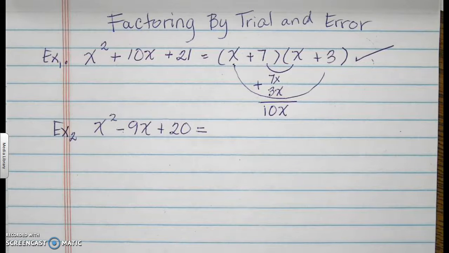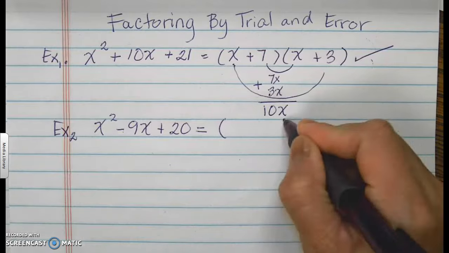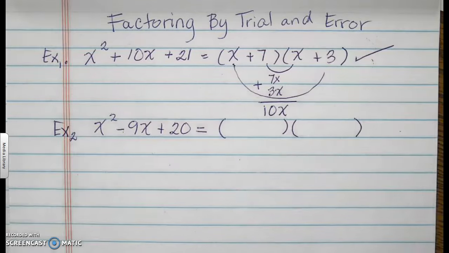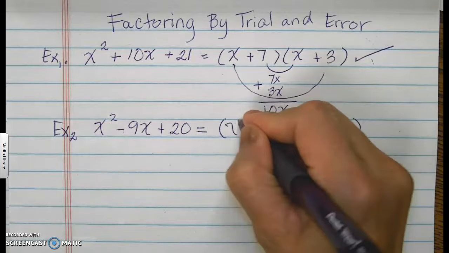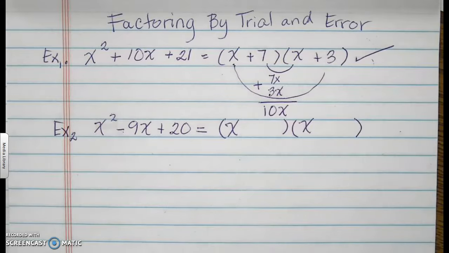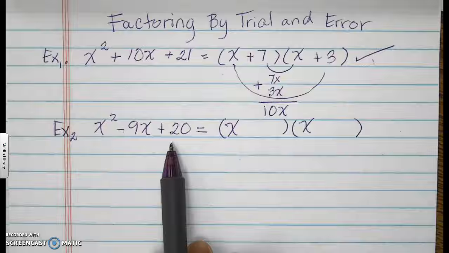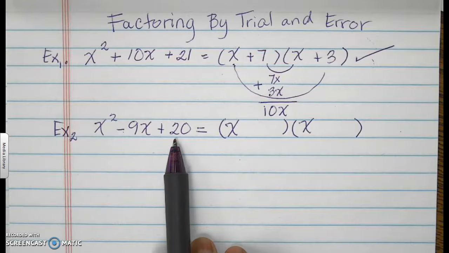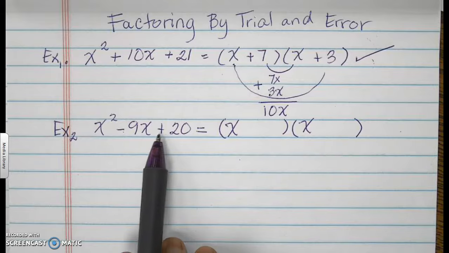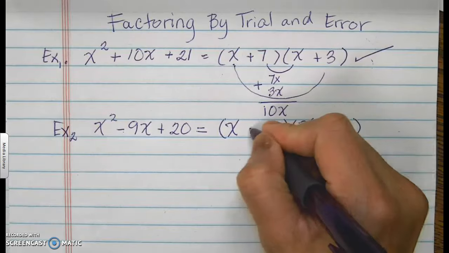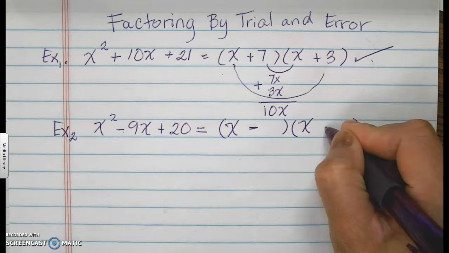Okay, we are now on example number 2. Again, I will have my factors in binomial. I have an x squared, so I'm thinking this is x and this is x. How about the positive 20? There are many combinations that can make up a positive 20. However, I see a negative here, so we are assuming this is a negative times a negative.